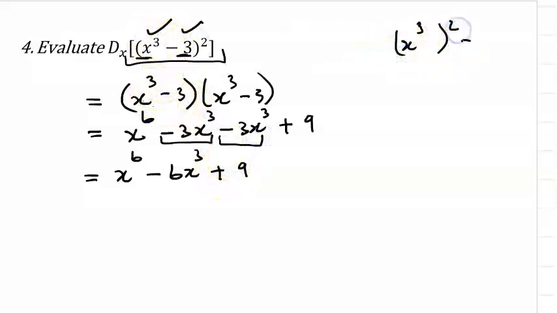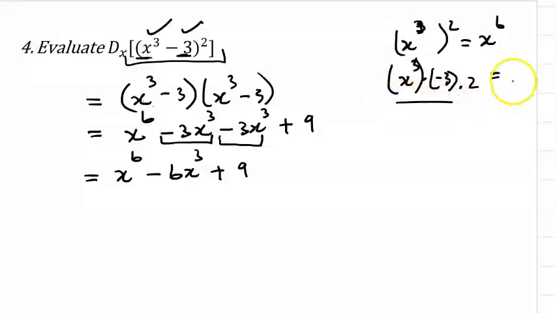Even if we had to use the rule, square the first term, x cubed all squared equals, remember that's cubed, 3 times 2 is 6, so that'll be x to the 6. First term times second term, minus 3, is minus 3x cubed times 2 is minus 6x cubed.